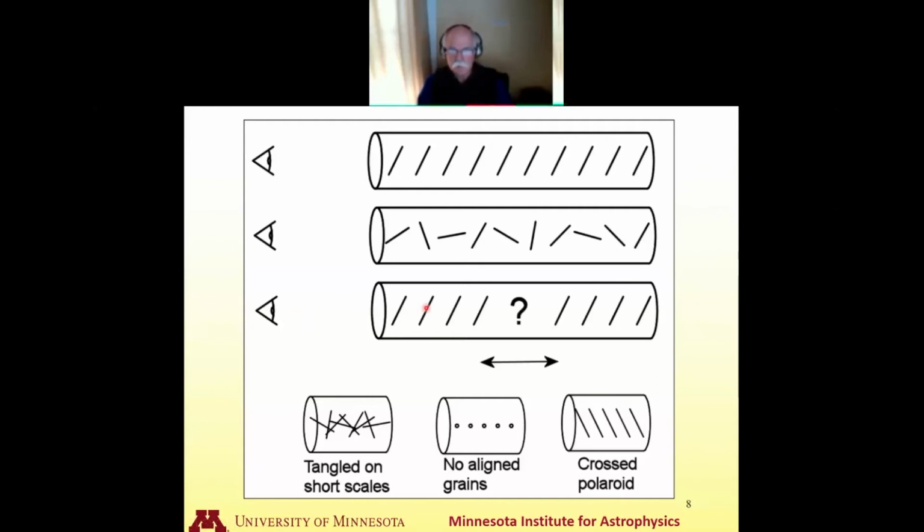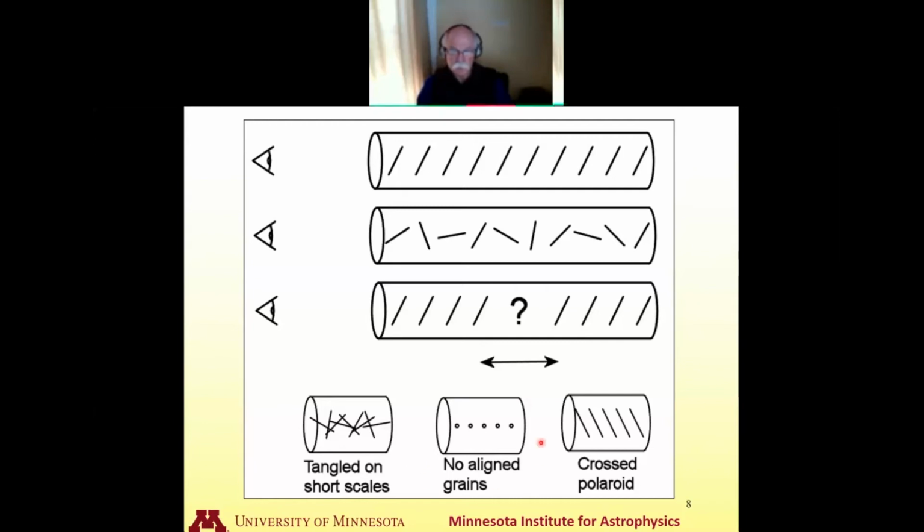Most likely, we're looking down a line of sight where we have fairly well-aligned grains in some places, and in a region where something else is happening. That could be tangled on short scales. This is what we think is happening in many, many locations in external galaxies and in the Milky Way.